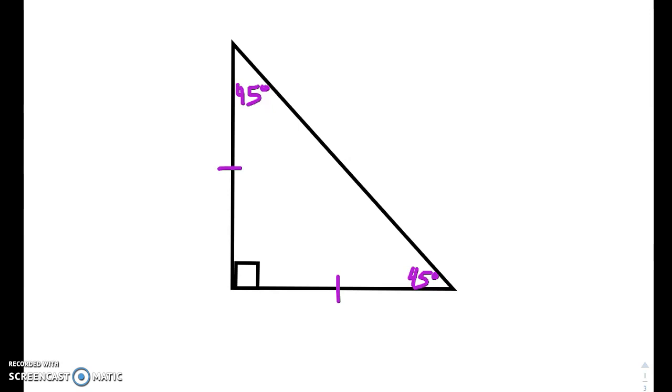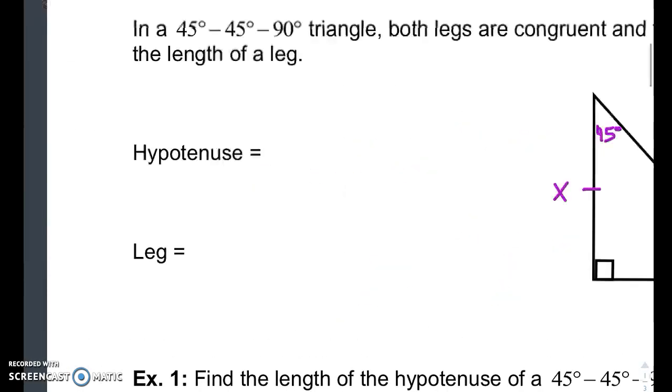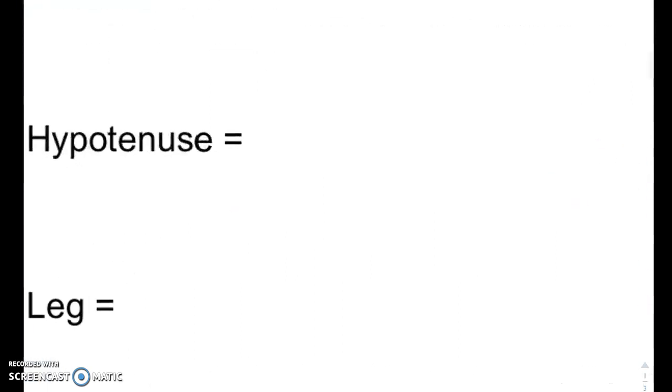So the theorem about the 45-45 is if you have x's here, then your hypotenuse is going to be radical 2 times one of your legs. So you can write that formula down: leg times radical 2.